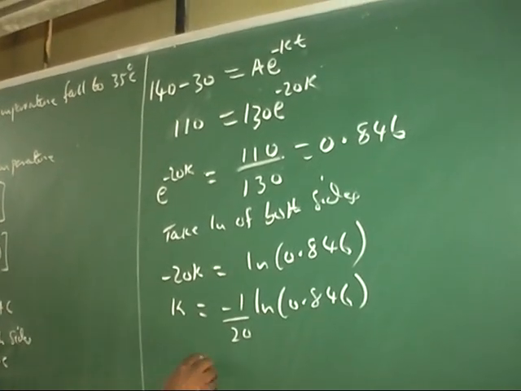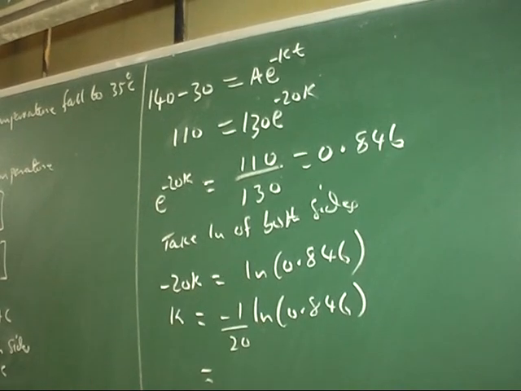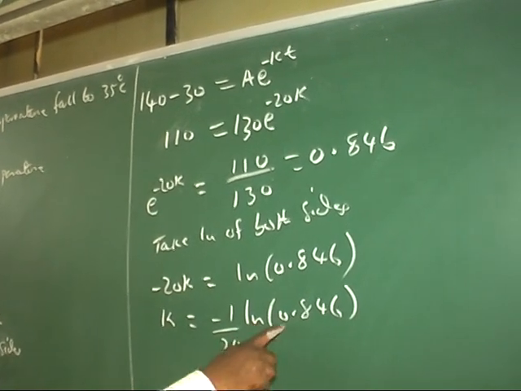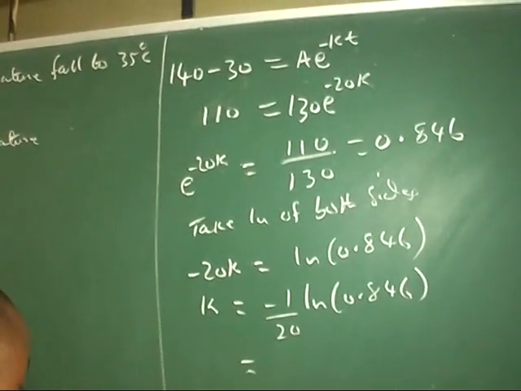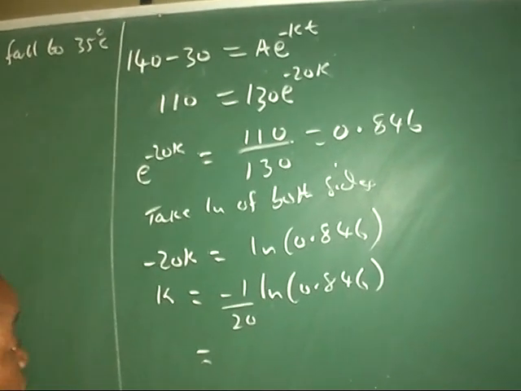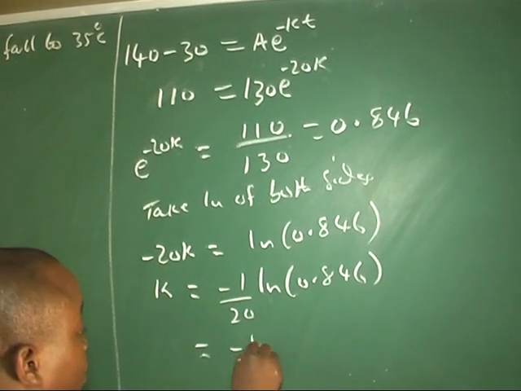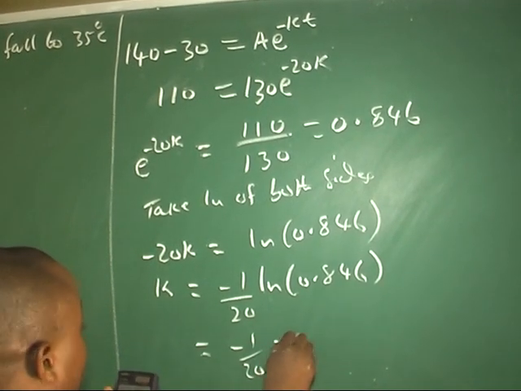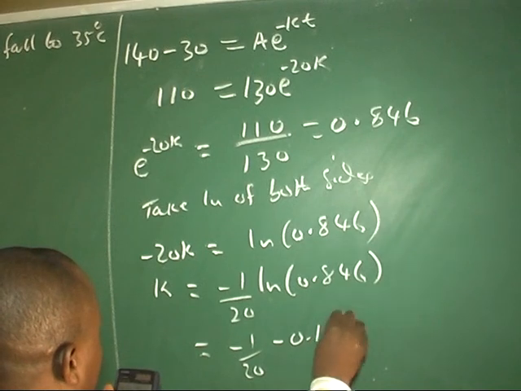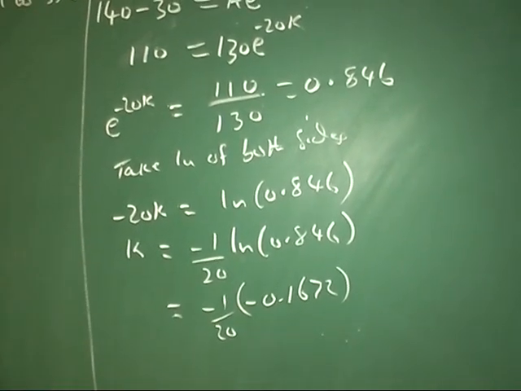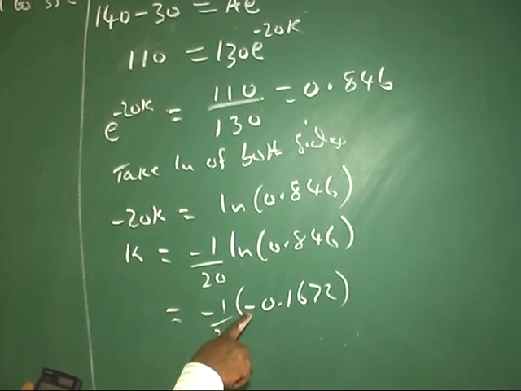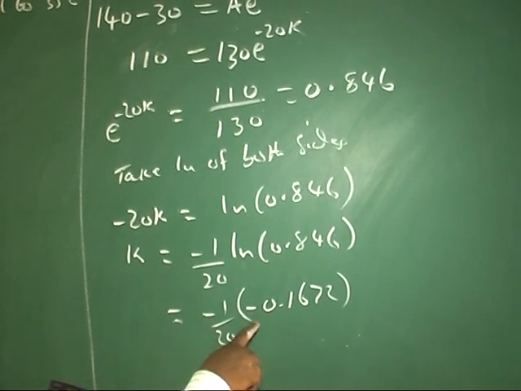Now, let's look at ln 0.846. 0.846 is giving us minus 0.1672, and if that minus times this, we'll have plus.